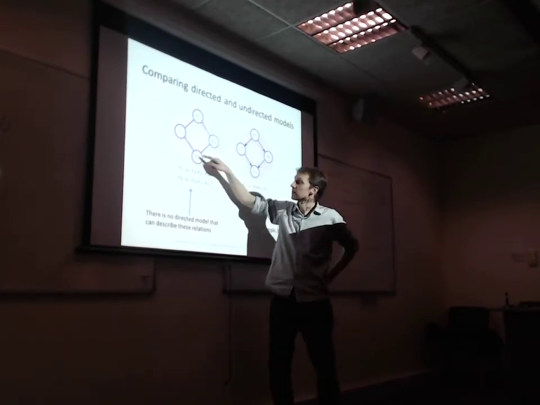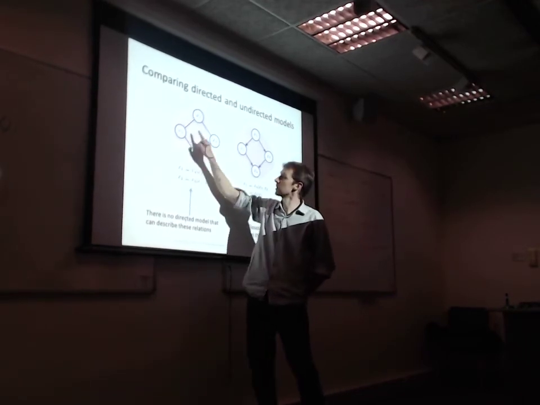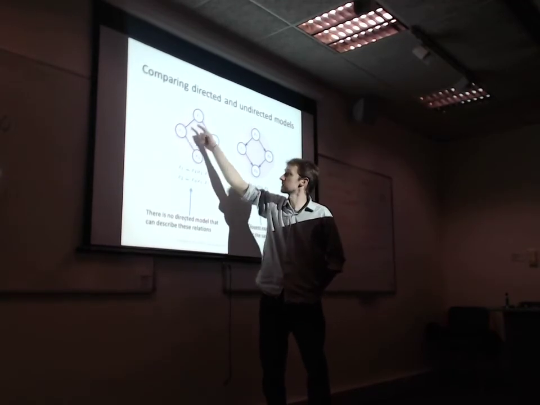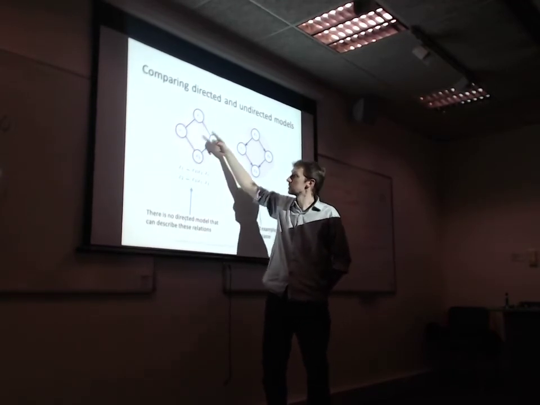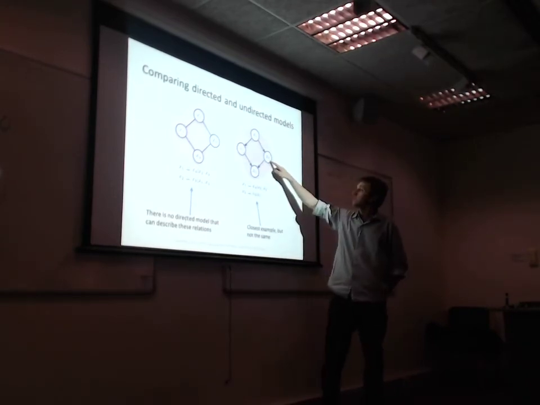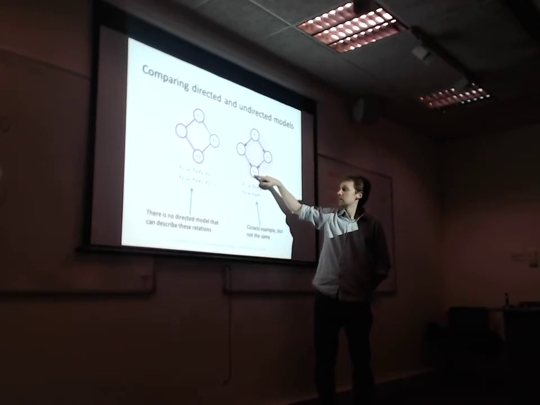But while here, X2 is independent of X3 given X1 and X4, right? We said that's independent given the north and south nodes. Here, X2 is independent of X3 only given X1. X4 is unnecessary here because of the direction of the arrows.